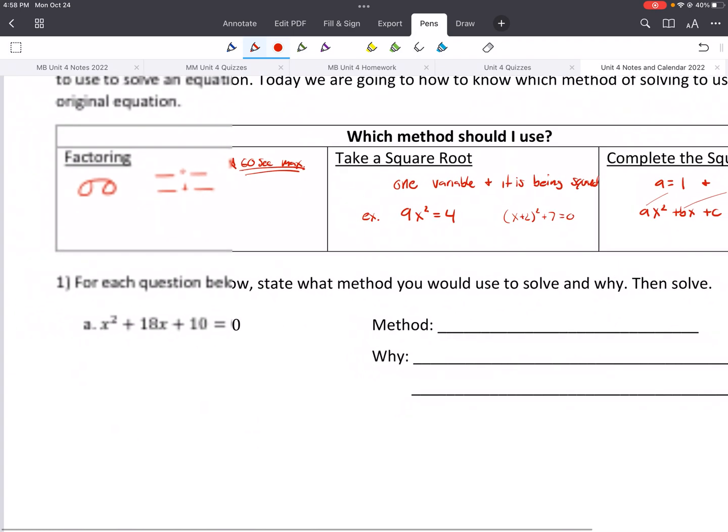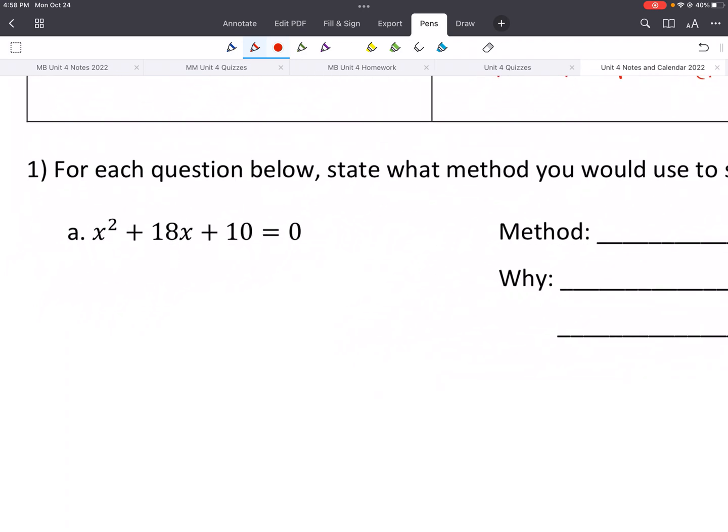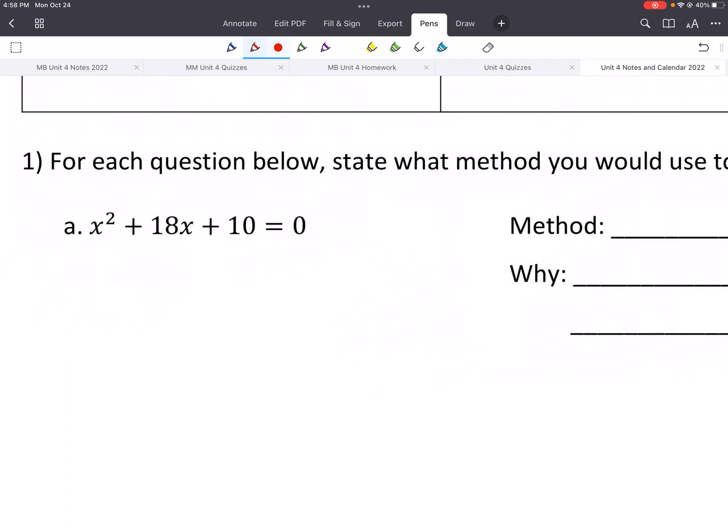Alright, so today we're going to start by looking at a few examples, decide which method we can use, and then solve it. Okay, so let's look at A. First off, is this factorable?